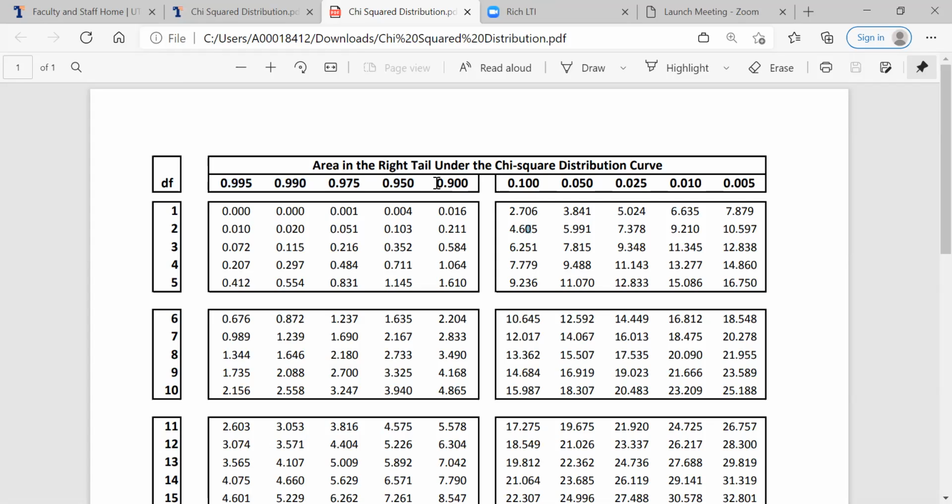Each area on the left, like this 90%, has a corresponding area on the right, like this 10%, whose sum is 100%. So here's 95%, and then the remaining 5%, 97.5%, the remaining 2.5%, and so on and so forth.